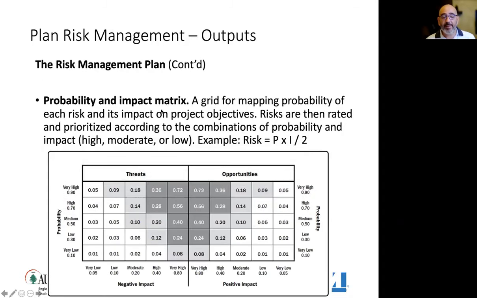بيطلع كمان ال probability and impact matrix that depicts visually يعني the high, medium, and low scoring of risks. So anything from 0.4 to 0.72, this dark gray area will be considered high probability and high impact.